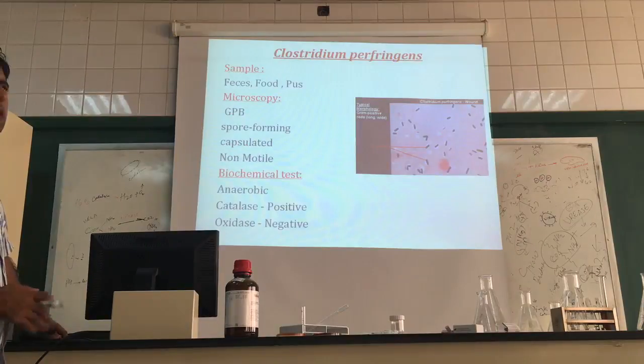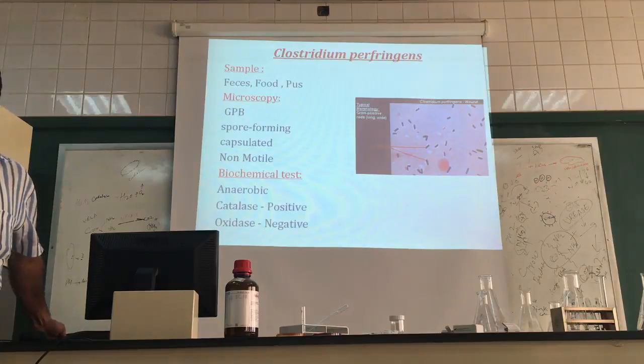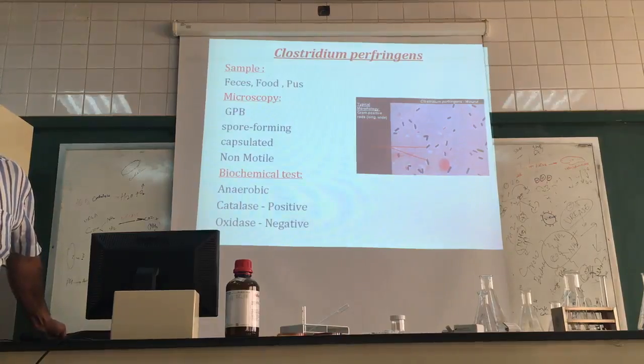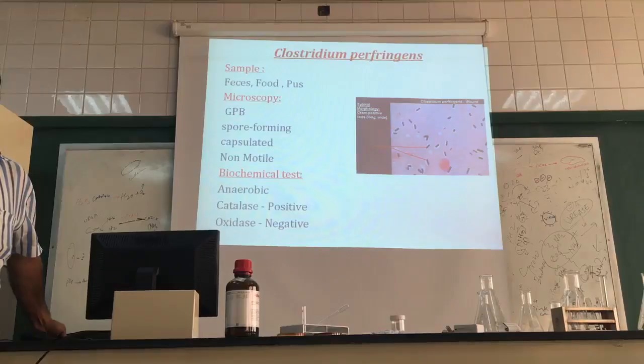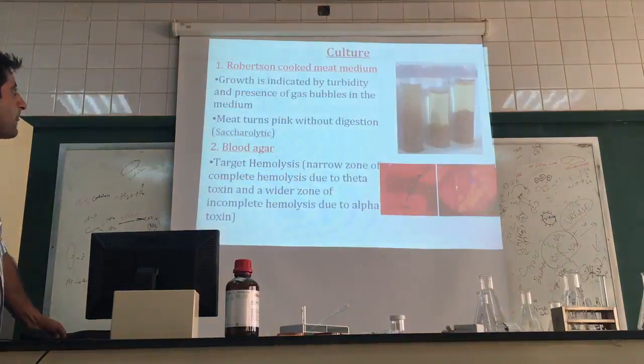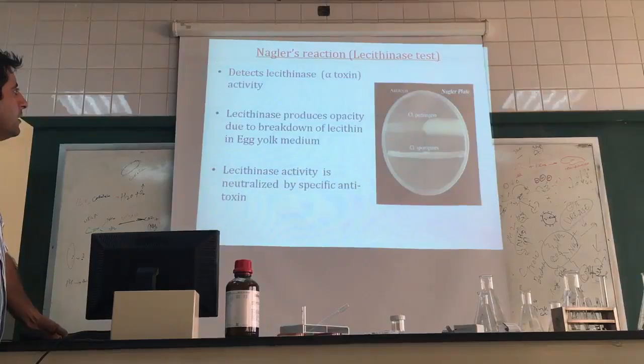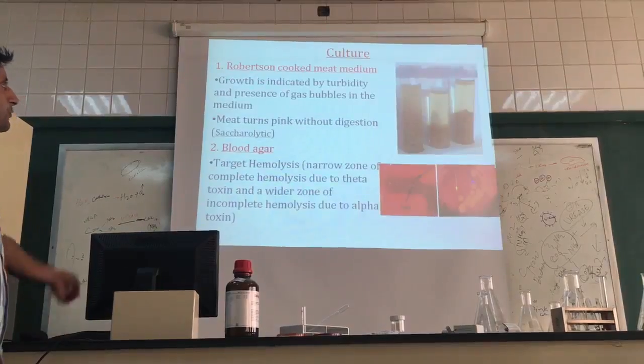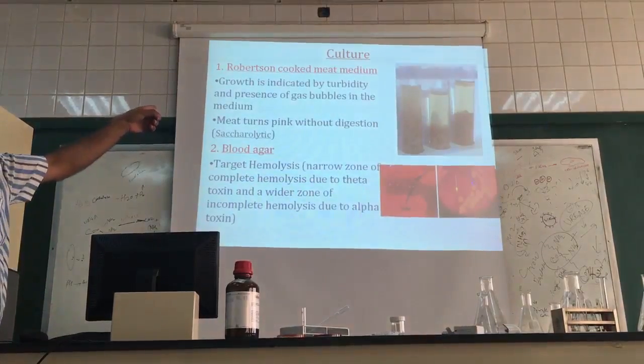The identification of Clostridium perfringens, because we have Clostridium perfringens, Clostridium botulinum, Clostridium difficile, and Clostridium sporogenes, right? They're different. So first we will go for the culture for Clostridium.